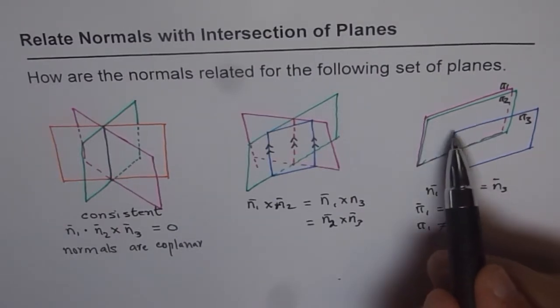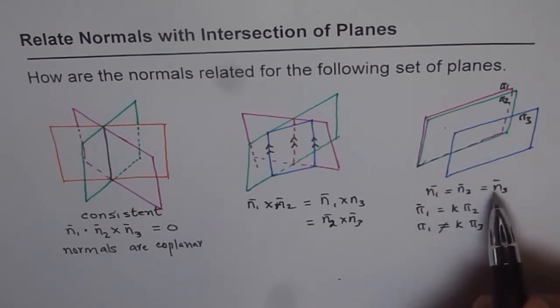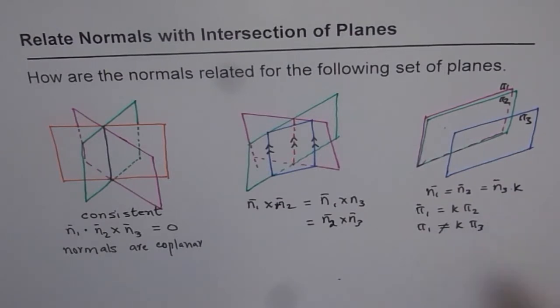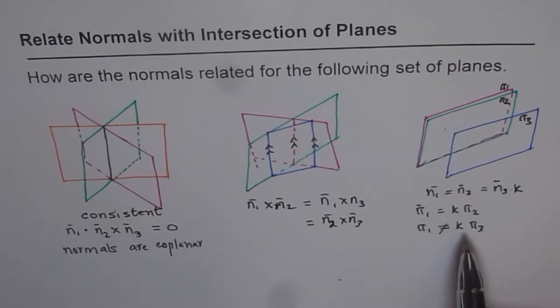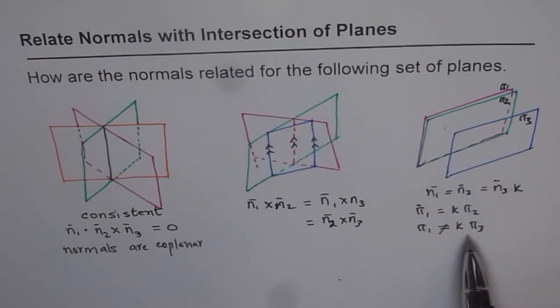Then these two equations are not exactly scalar multiples, but their normals are scalar multiples. You can write them with k, or sometimes we factor k and write them as the lowest set of numbers, which shows the direction numbers for the normals. So in this case the normals are the same for all three, but the equation of the plane is not a scalar multiple as a whole.